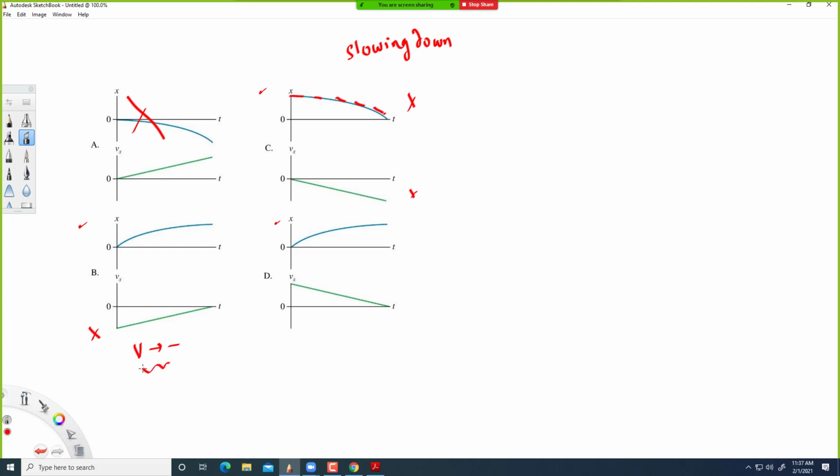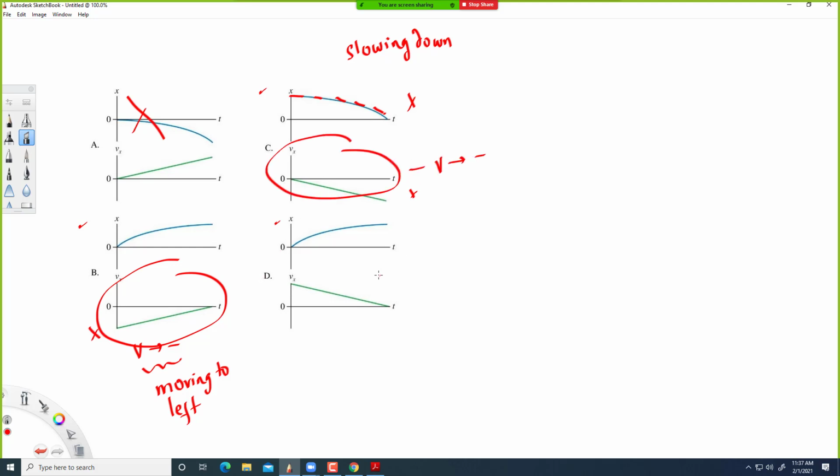Negative velocity means it's moving to the left, which is not true in this case. Again, here the velocity is negative, which is not true. Here we have positive velocity, which means it's moving to the right, and the velocity is decreasing. See, the velocity is going down, down, down, and eventually reaches 0. So that means slowing down and moving to the right, which is the thing you see in the question.